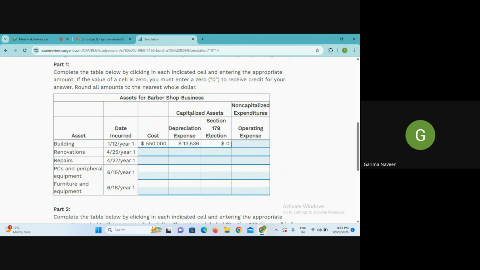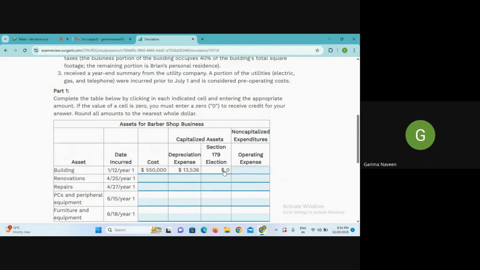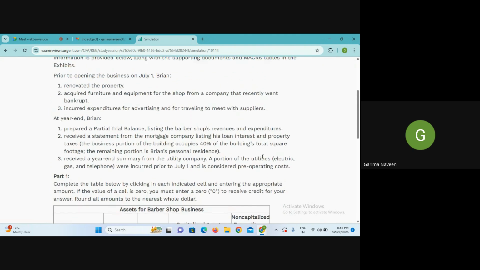So next, non-capitalized expenditure, operating expenses, any. So what should be the operating expense here? Can you show me the question? Okay, so this is the question.